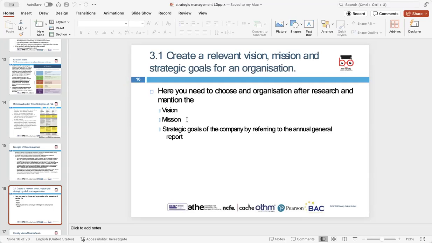Its mission could be to provide innovative, environmentally friendly solutions to meet global energy needs. The strategic goals would then outline specific actions such as investing in renewable energy projects or increasing energy efficiency by a certain percentage over the next 5 years.